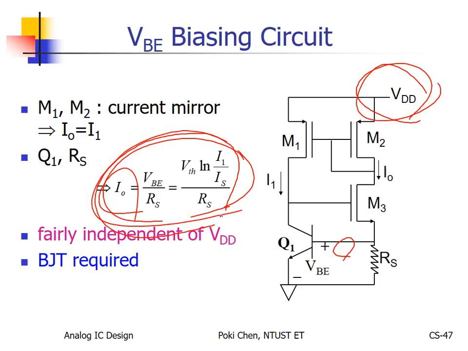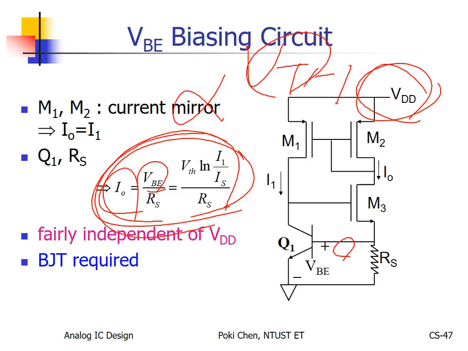But it still has another problem. You can see, never mind VBE or VTH, it is proportional to VT, the thermal voltage. What do I mean? Not threshold voltage, I'm talking about thermal voltage.